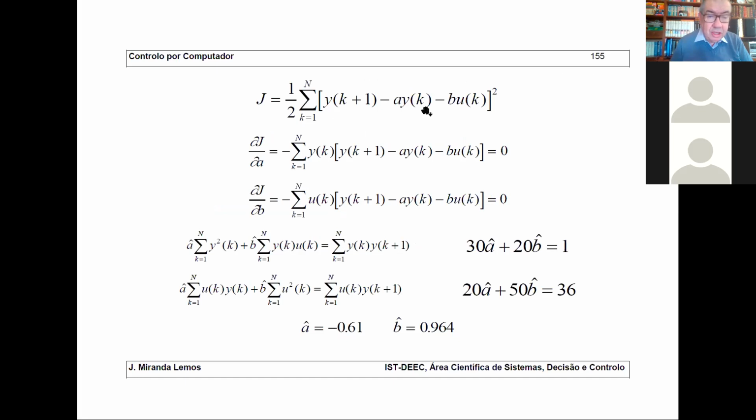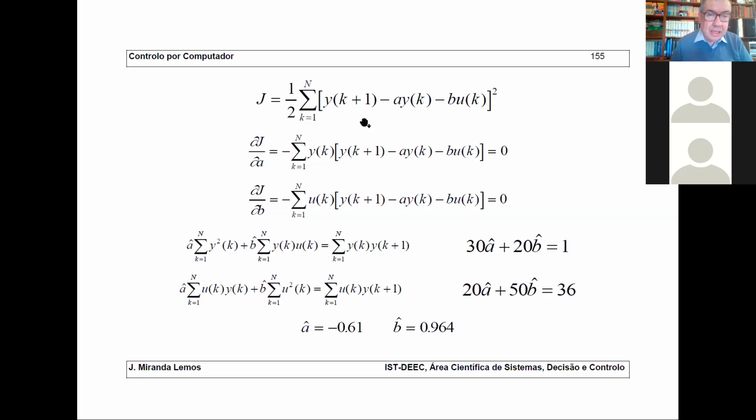It's a quadratic function now of two variables, a and b. And you want to minimize this quadratic function with respect to a and b. You want to select a and b such that this quadratic function is the smallest possible.